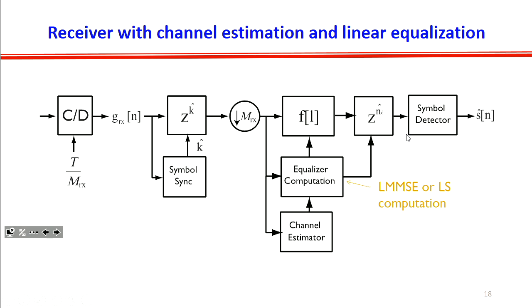So that depends on the choice of your equalizer length. And the choice of your equalizer length will depend on the channel delay spread. If you have a multipath with a very long delay spread affecting many, many symbol periods, you have to account for compensating that length of the channel. So this is the connection.